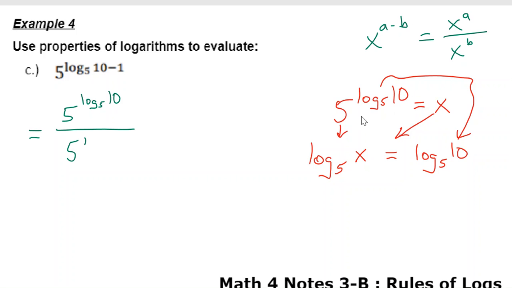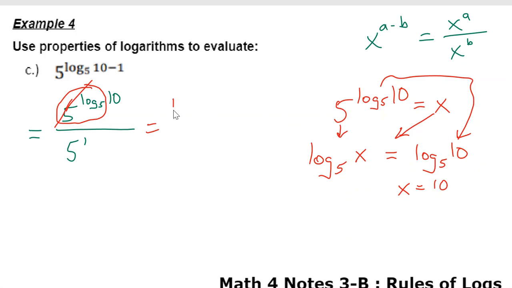All right, if we rewrite this into logarithmic form rather than exponential form, even though it's got a log inside of it, this is still basically exponential form. You've got the base, you've got the exponent, you've got this over here. Now if log base 5 of x equals log base 5 of 10, guess what x is? Remember what I said about these guys also canceling out?